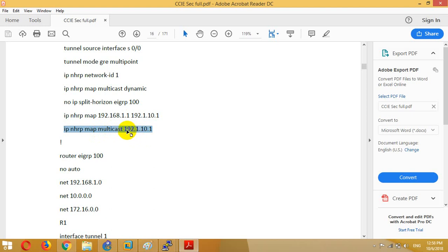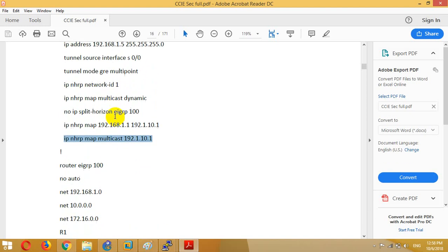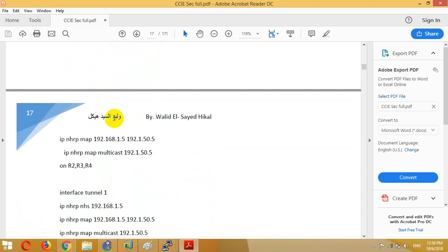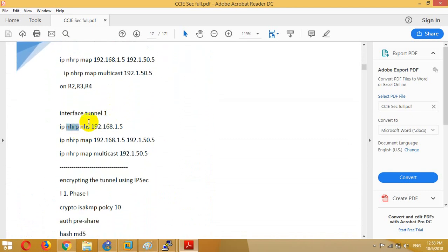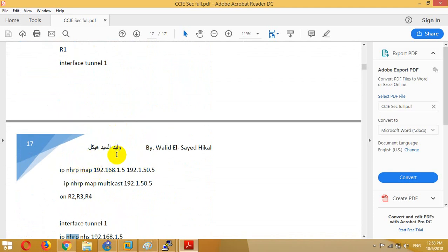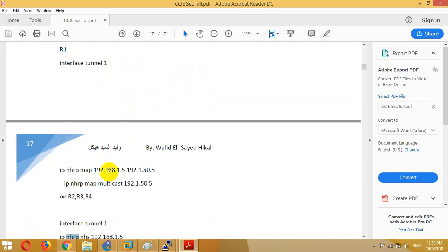192.1.10.11.1. And this is the IP of the main hub, because this is a secondary hub. On the other hub, the main hub, I will do the same. This is router 1, the first hub.